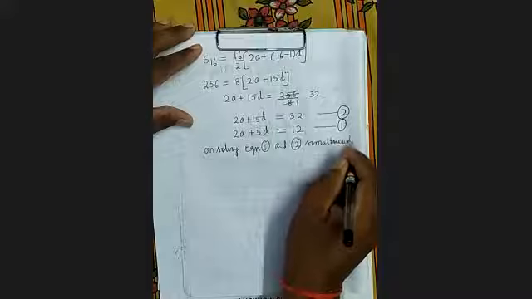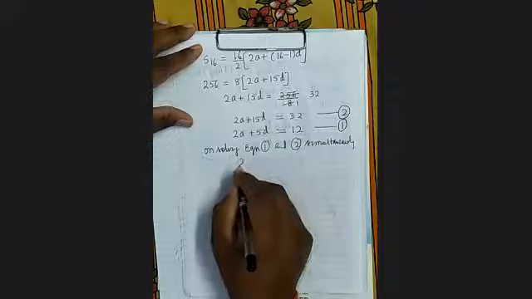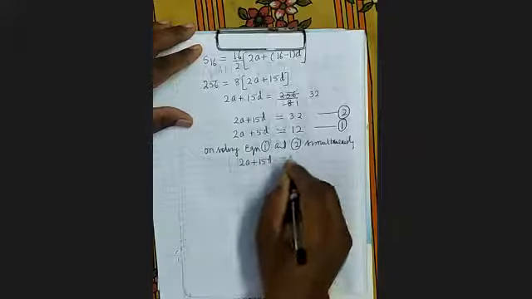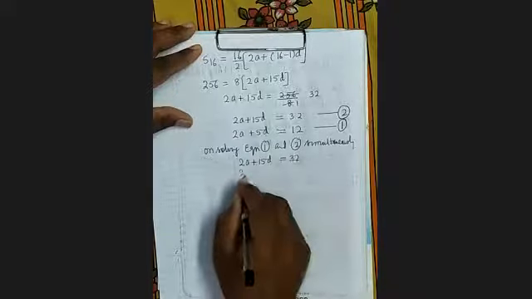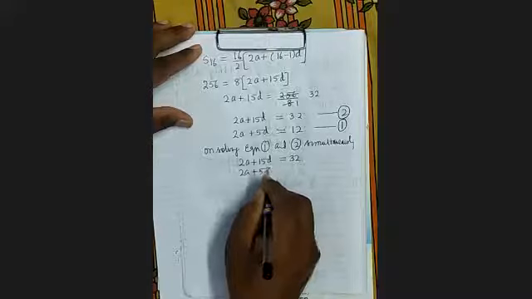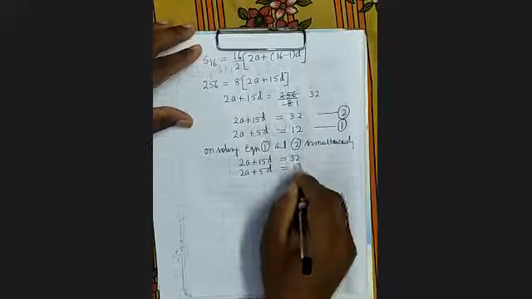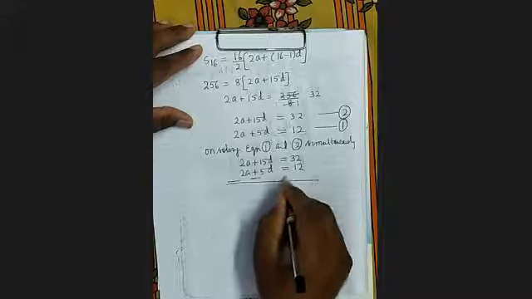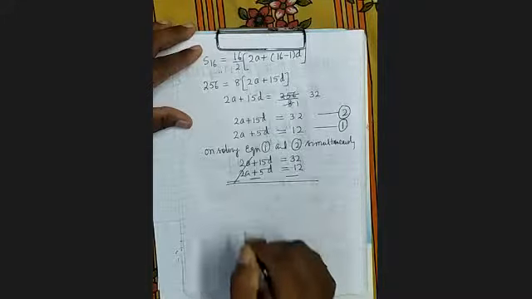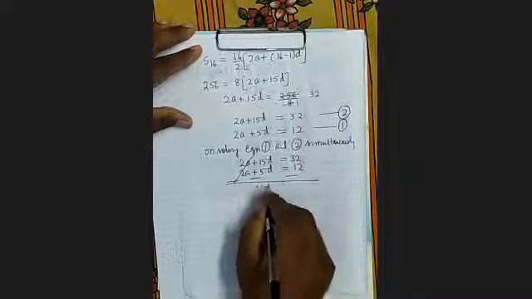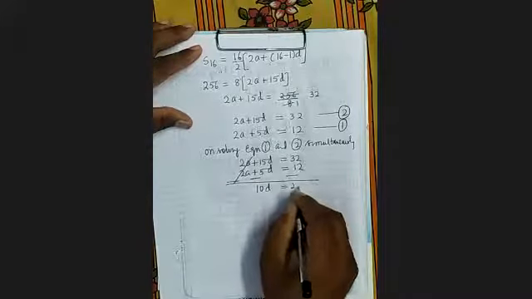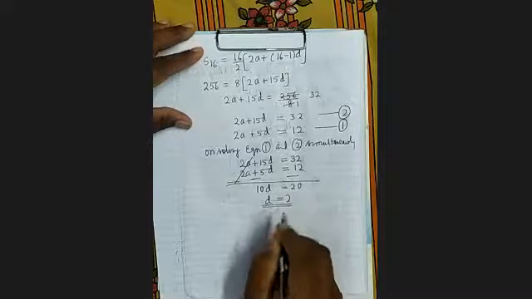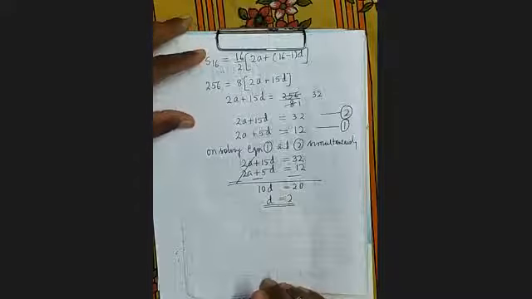So here we will subtract 2a plus 15d equals 32, 2a plus 5d equals 12. When you subtract, sign will be changed. This is cancelled. 10d equals 20. So d equals 2.